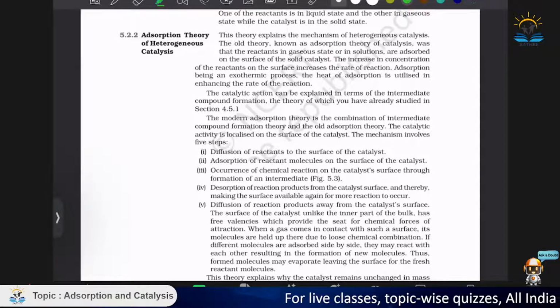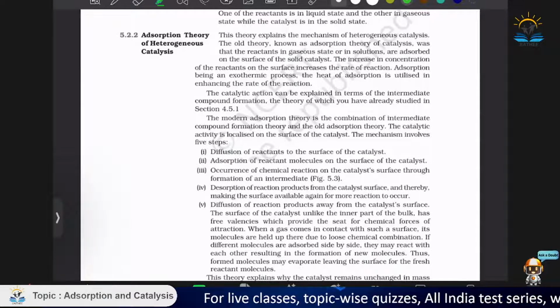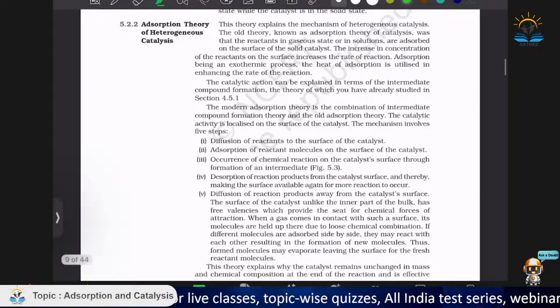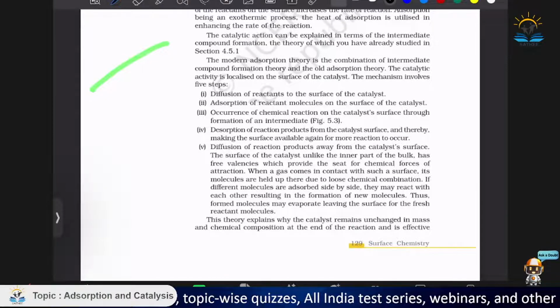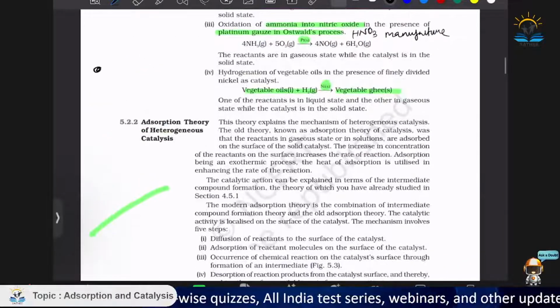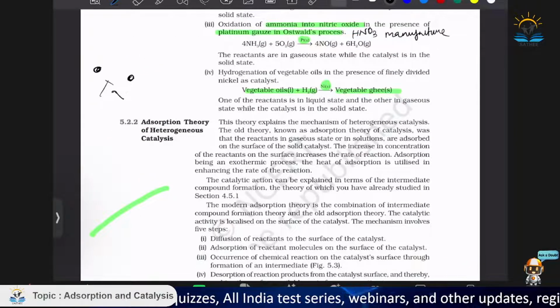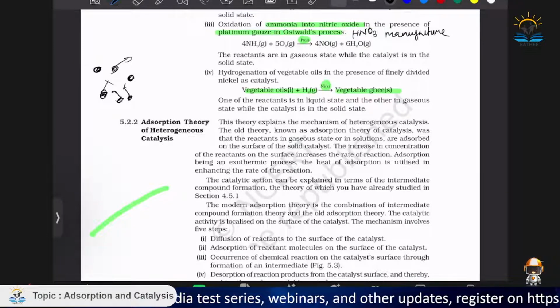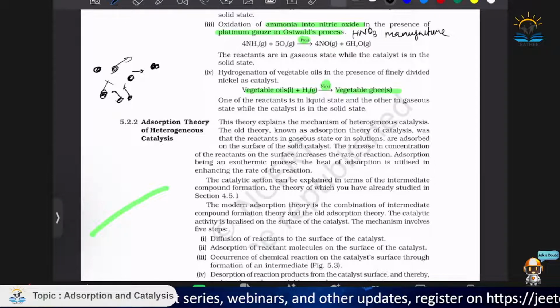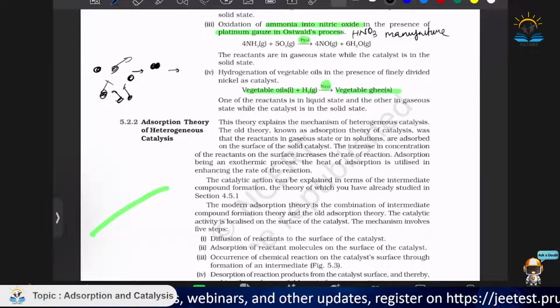It says that catalysis is due to adsorption of reactants on the surface of the catalyst. So what it basically says is, this is the surface of the catalyst. In the absence of catalyst, reactants are randomly moving here and there, okay? But they are colliding very few times and turning into product.